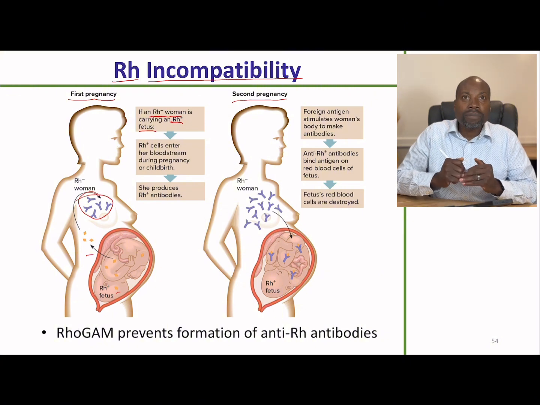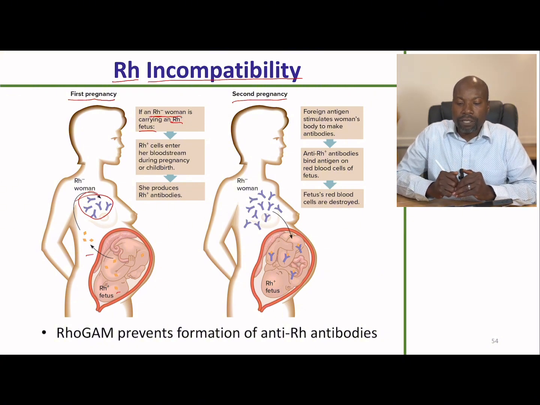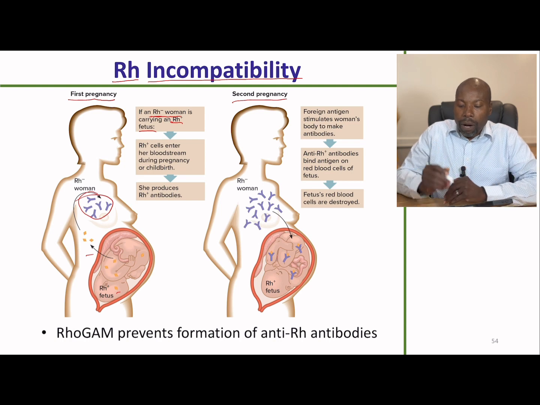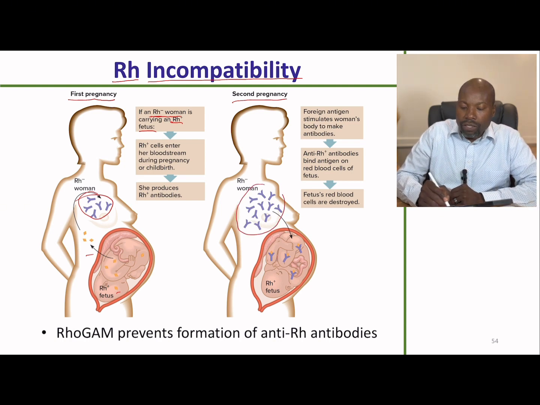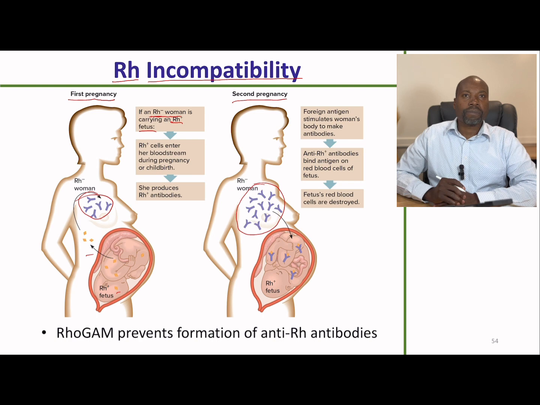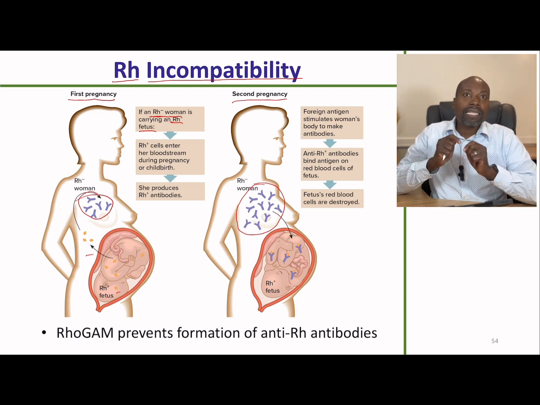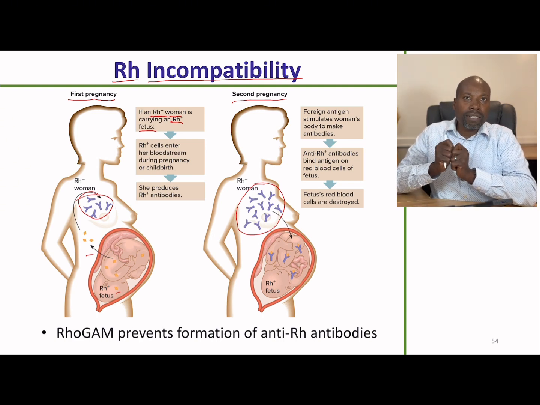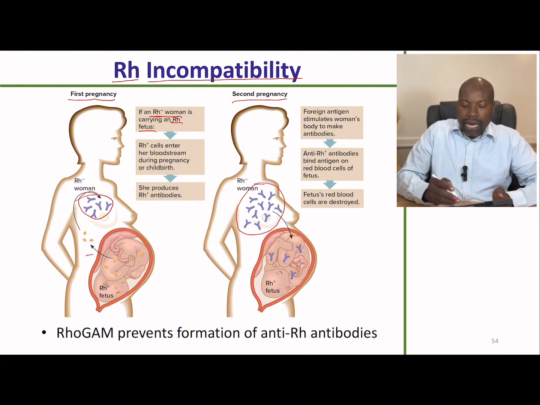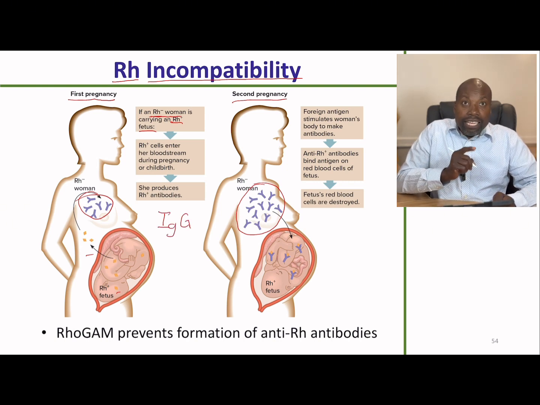And as mom becomes aware of the presence of the rhesus factor, mom will start producing a large amount of antibodies. These antibodies stand against the rhesus factor, and you have a particular class of antibodies called IgG. The IgGs are able to cross the placenta barrier.